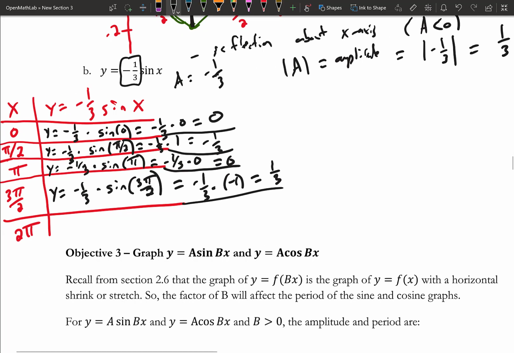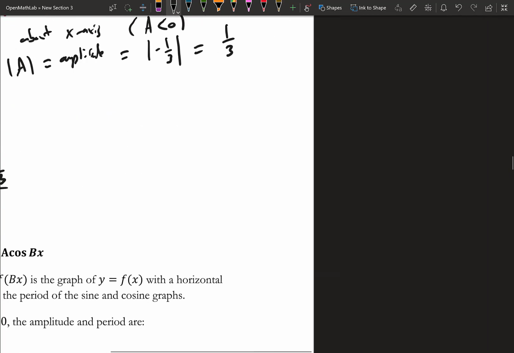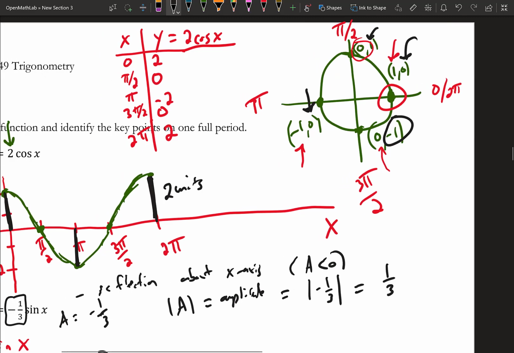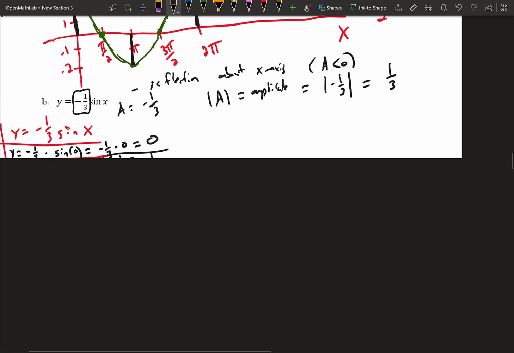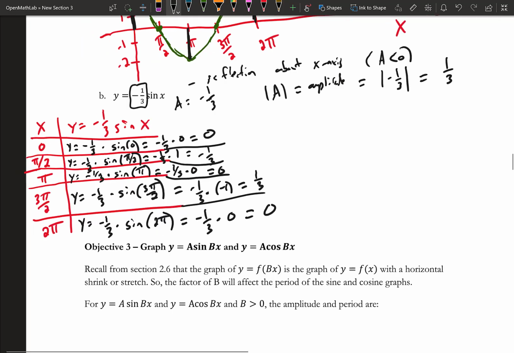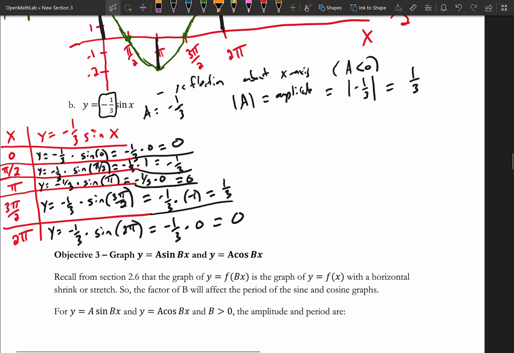And then lastly, we'd have y equals negative 1/3 times sine of 2 pi, which is equal to negative 1/3 times... So the y-coordinate would be here for 2 pi, so that's 0. Which equals 0, right? So those are my points I need to plot.